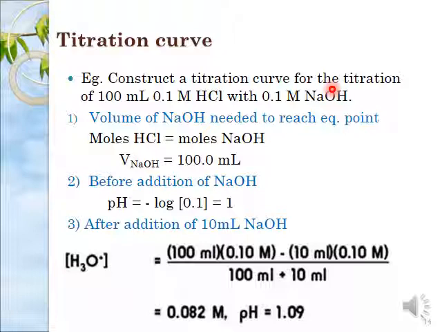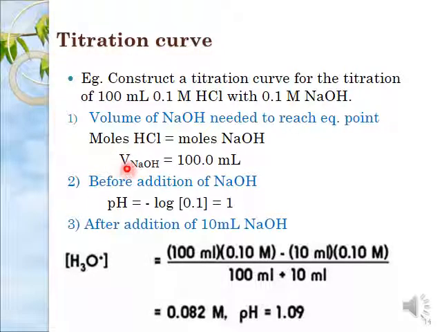Now remember the three points that I have discussed just now. The first is pH before the equivalence point, secondly pH at the equivalence point, and thirdly pH when you over titrate.